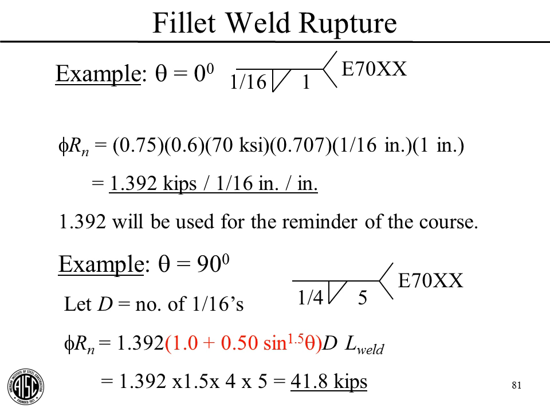With that, let's derive a very handy number that we can use to speed up our weld calculations. Let's calculate the strength of a weld that's loaded at 0 degrees, so this is the weakest case. It's a 1/16 size and 1 inch long, and it has our most common weld material, the 70 KSI.